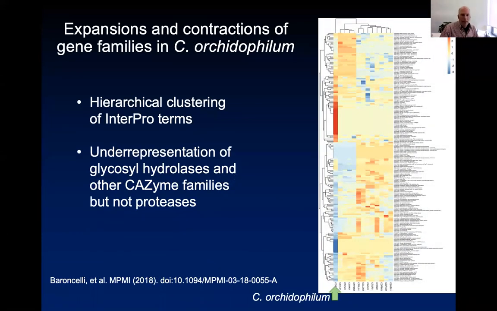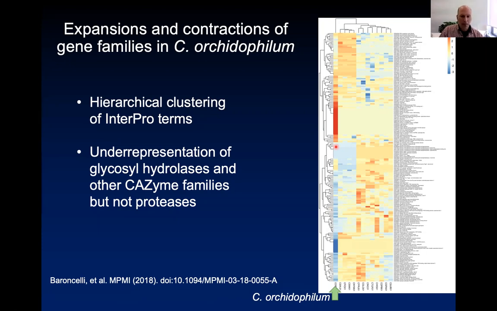Now, this is another heat map of InterPro terms on the horizontal axis and species on the vertical axis, just like we saw before. And this time we include the orchidophyllum genome. And the orchidophyllum genome, as I said, could be classified as probably a transitional species.